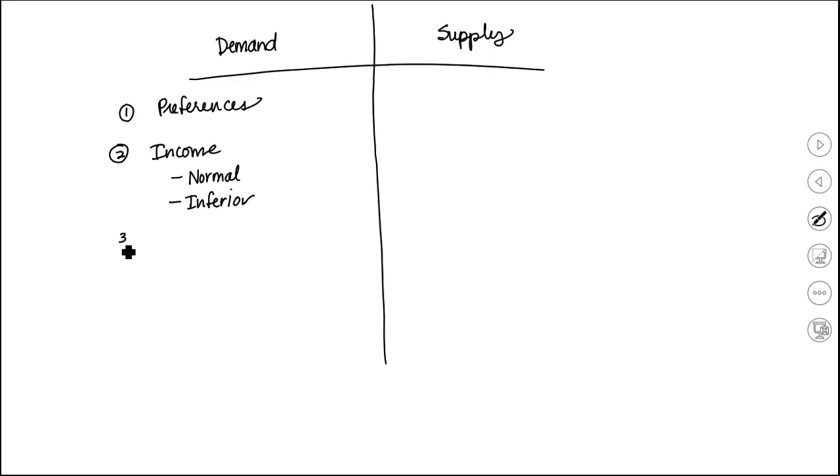Third, we talked about price of related goods. Don't just say related goods, say price of related goods, because it's the price that's driving it. And again, there are 2 relationships that you need to remember, and they are substitutes and complements.